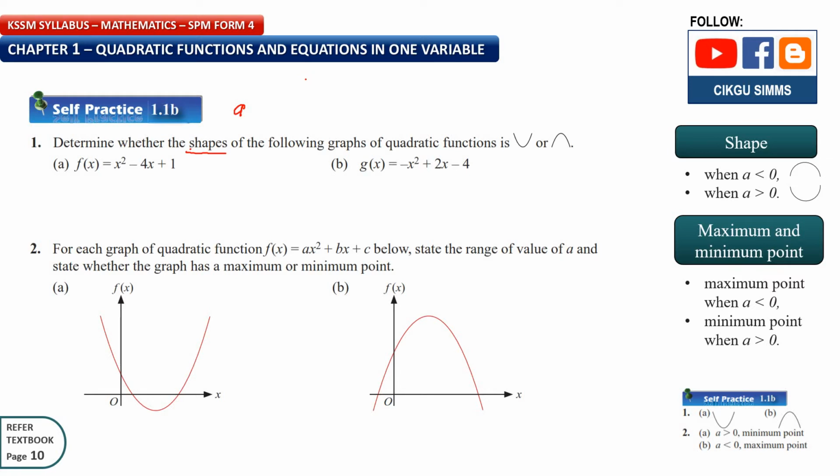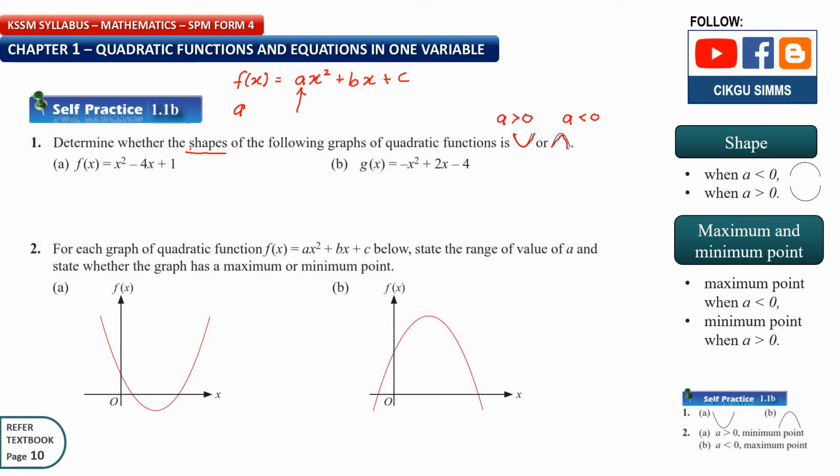From the general equation, ax squared plus bx plus c, we see this value of a. If the value of a is positive, it is a shape like this. If the value of a is a negative number, or less than 0, it is a shape like this.